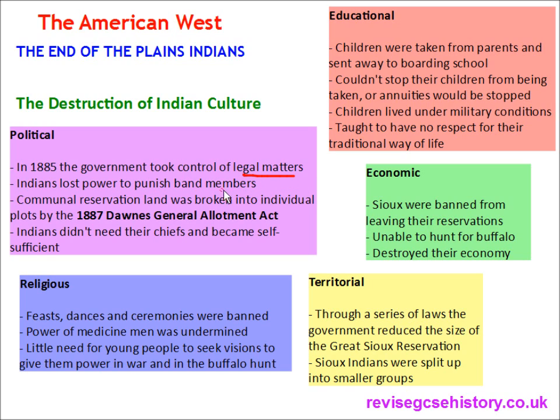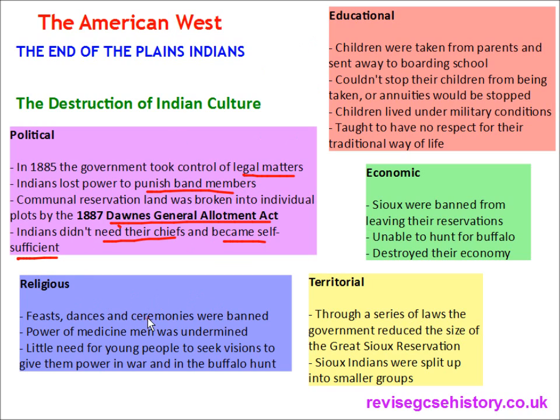Indians lost any power to punish band members, and communal reservation land was broken into individual plots by the 1887 Dawes General Allotment Act. You just need to know the name of that, not too much about it, but it broke communal big reservation land into smaller individual plots. Indians didn't need their chiefs, and they became self-sufficient because of this. Alright, so they're political factors.